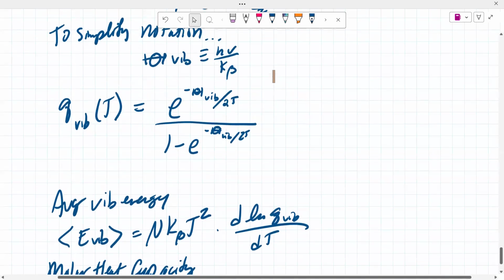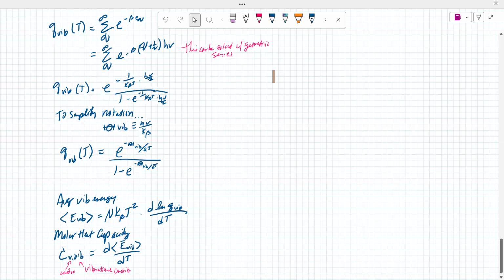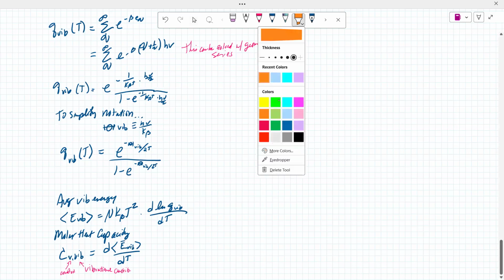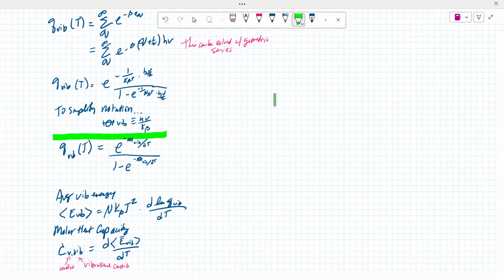Oh yes, this means we just completed another one of these. So vibrational, we'll give this a color of green. Do we have green available? We do. This is our vibrational term.